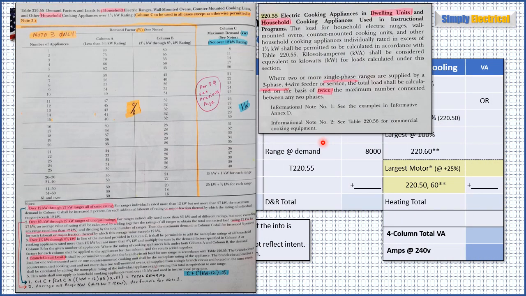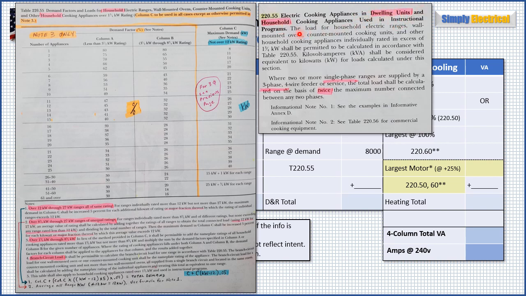All right, moving on to the range. 220.55 covers electric cooking appliances in dwelling units and also household cooking appliances used in instructional programs. But we're dealing with dwelling units in this one, so we'll focus on that.